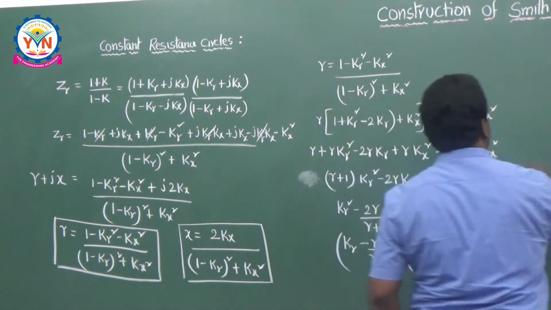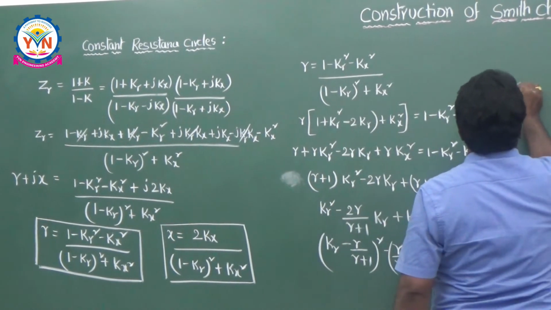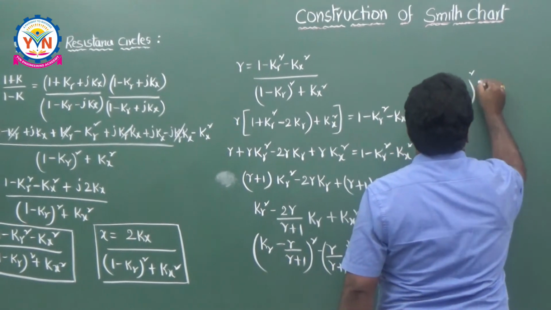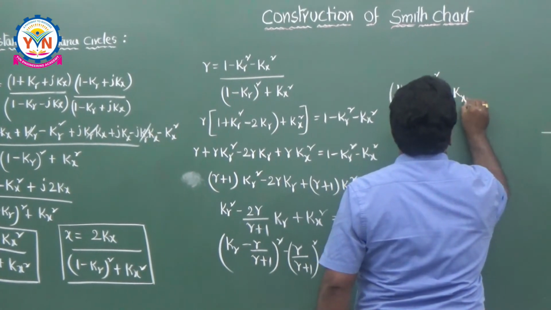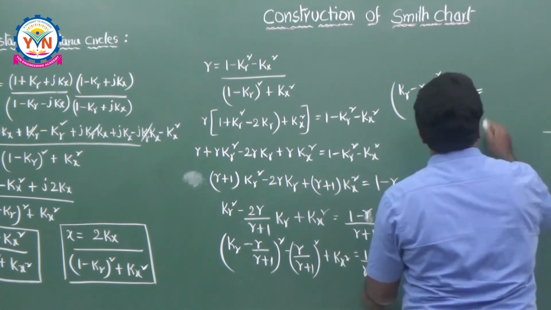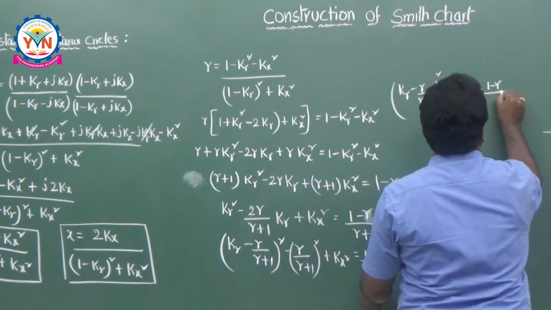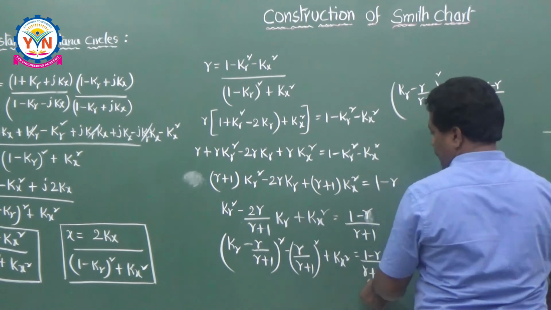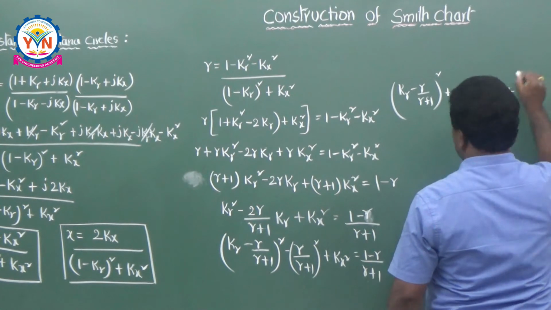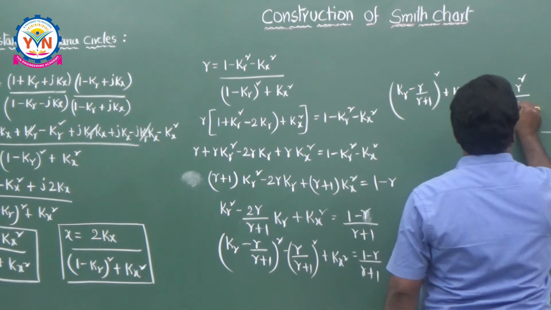Therefore, (kr - r/(r+1))² + kx² = 1 - r/(r+1), and you take this to the other side: plus r²/(r+1)².